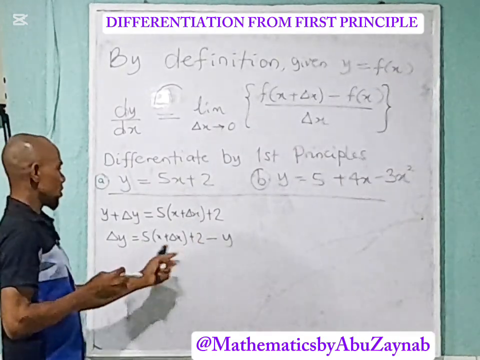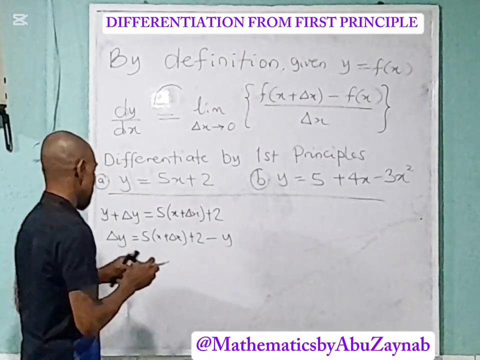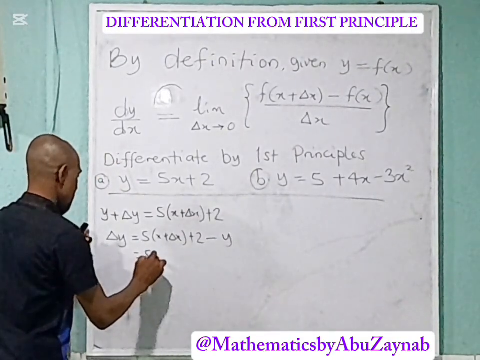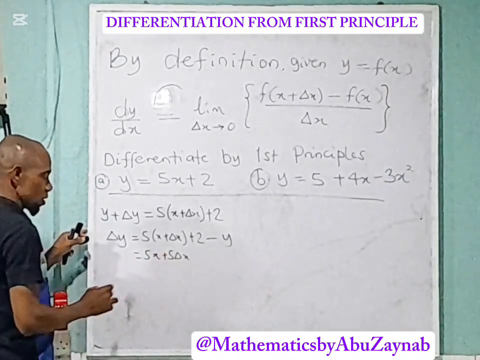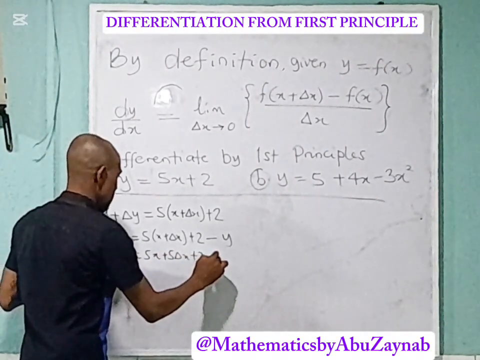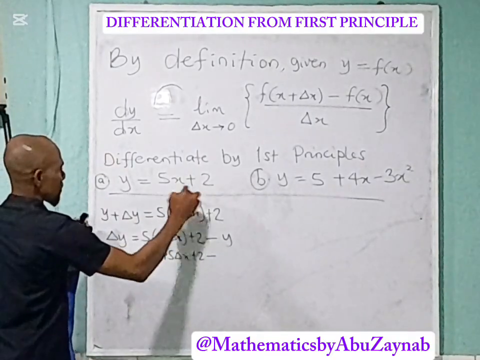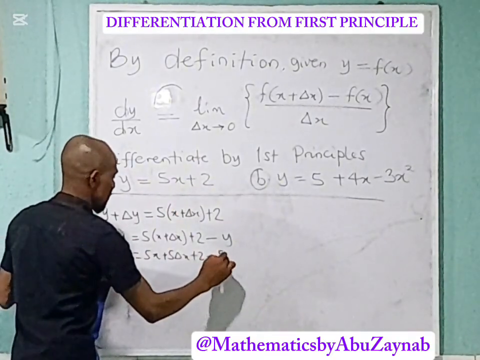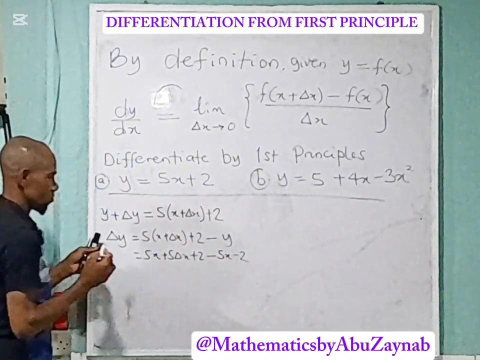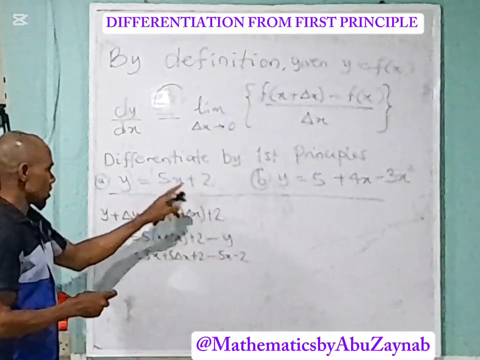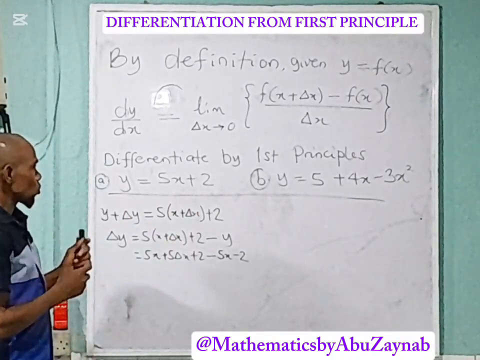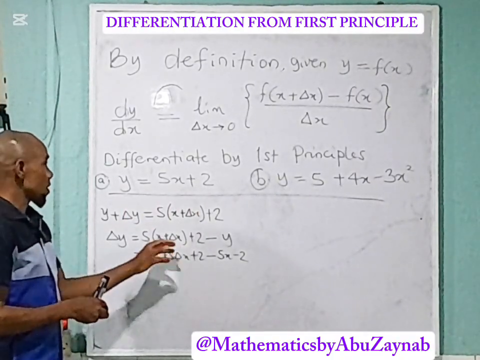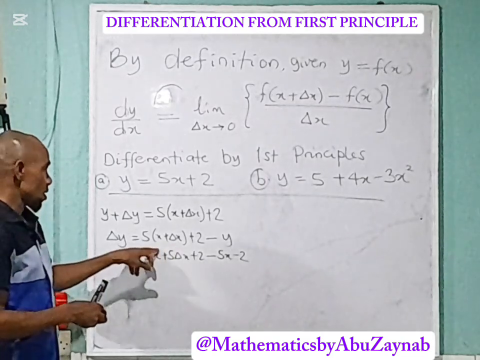So what we have simply done here is we have taken away f of x, and this is 5x plus 5 delta x, plus 2, minus y, being originally 5x plus 2, that will be minus 5x minus 2. Because we have plus and plus here, we have minus 5x and minus 2. So what we have done here is f of x plus delta x minus f of x.